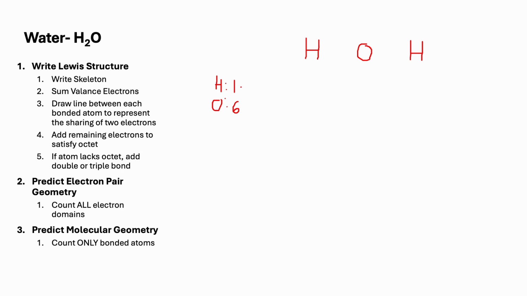We need to make sure we sum all of them, so you multiply hydrogen by 2, and that gets you to 2. So our sum is going to be 6 plus 2. I wish that was a better plus sign. And that's going to get us to 8 total valence electrons.